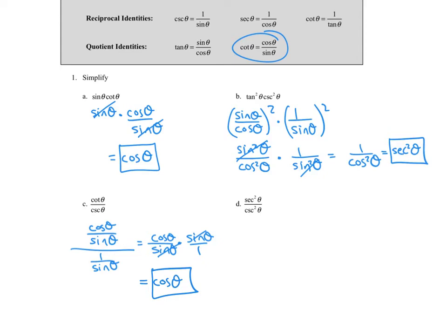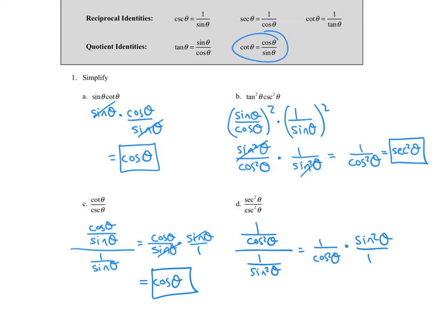And in part D, secant squared theta is 1 over cosine squared theta. Cosecant squared theta is 1 over sine squared theta. And again, we take our first fraction, the top fraction, leave it alone, flip the bottom one, and multiply by the reciprocal.